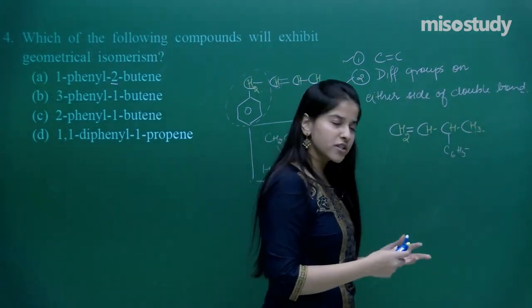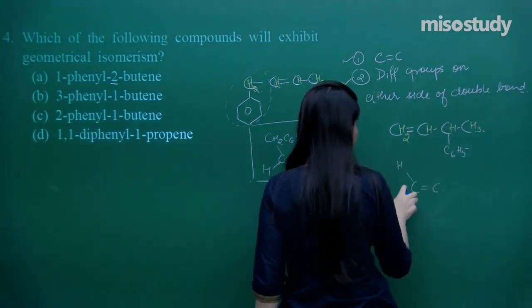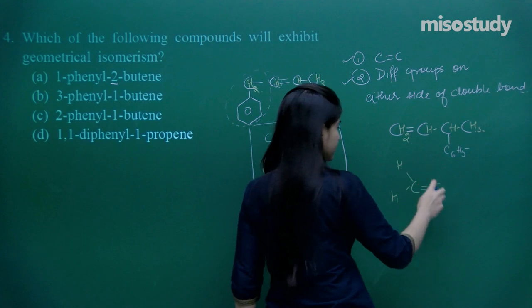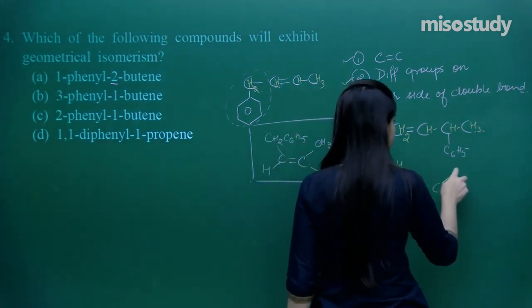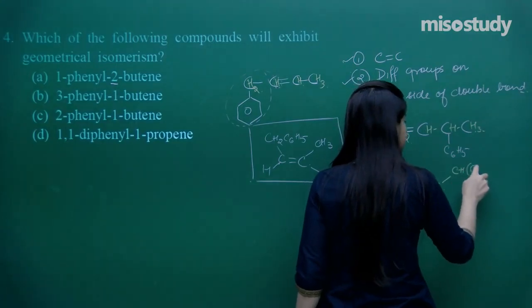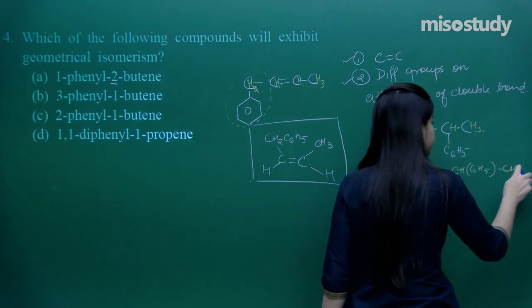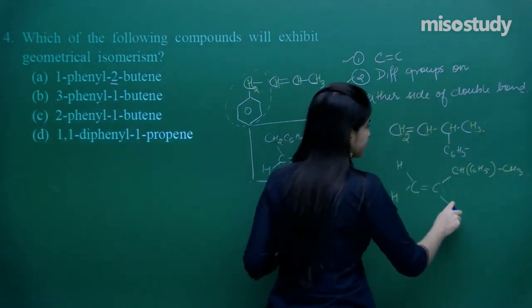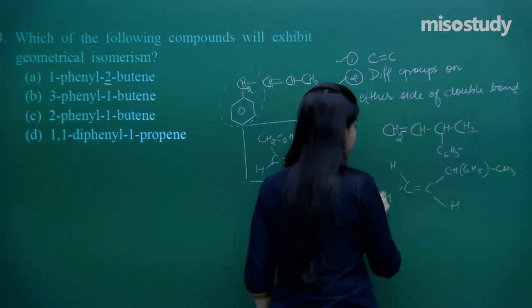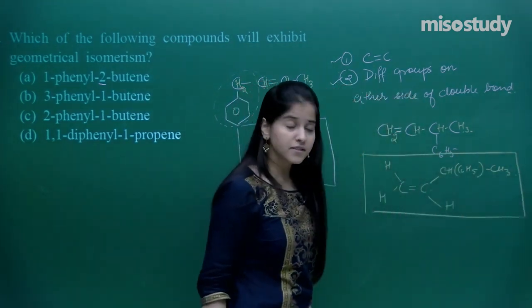Now can you arrange it? Let us try to have a geometry over here. Two hydrogens, and here we have CH, C6H5 along with the CH3, and a hydrogen extra. So that is what we have. That is the second one.